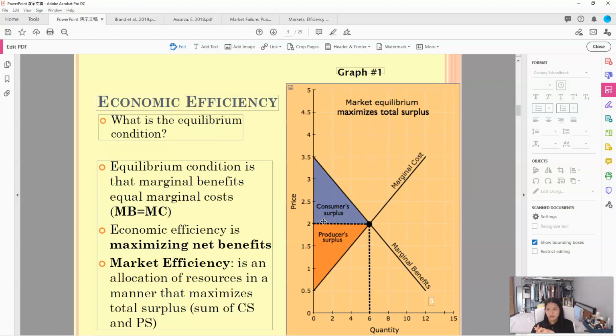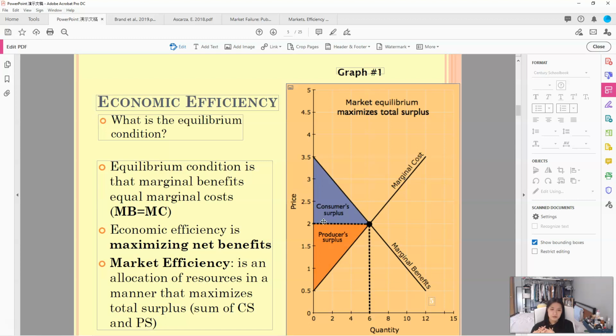And another concept is the market equilibrium. We talked about two conditions to reach the market equilibrium. The first one is supply equal to demand, and the second one is marginal benefits equal to marginal costs.